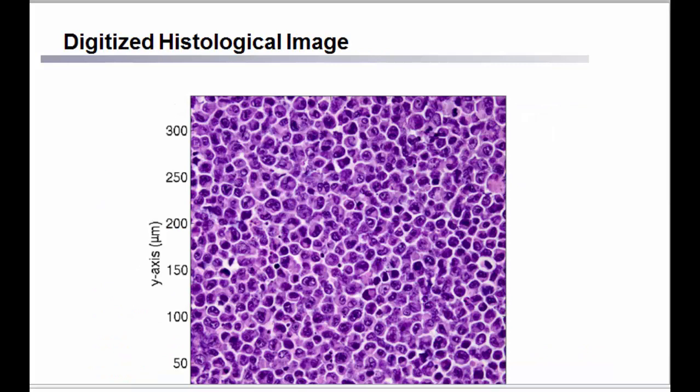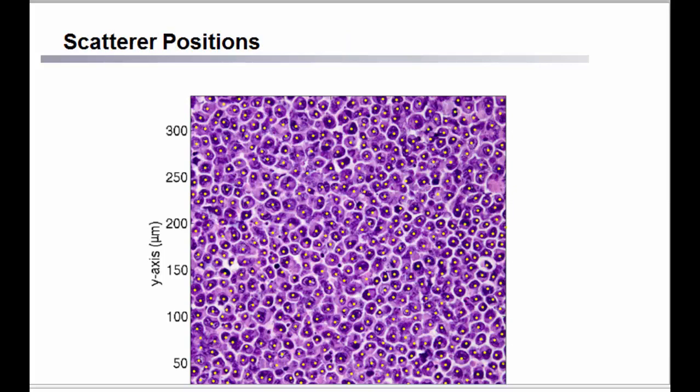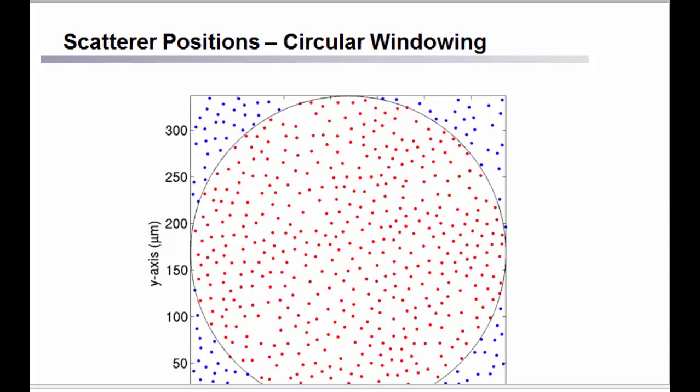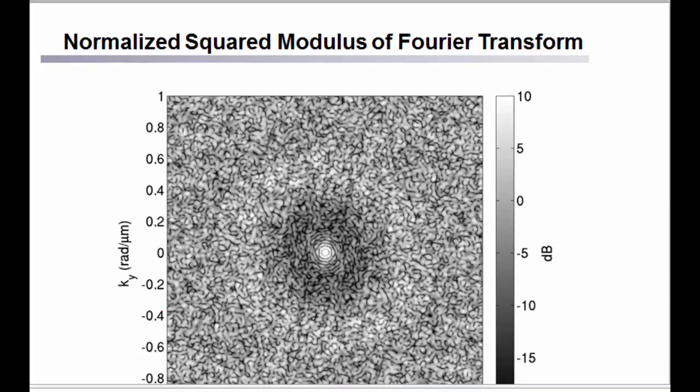This is a digitized H&E image, the cells and the nucleus. Magnification is 40x, resolution is about 6 pixels per micron. We determine the positions in the yellow dots. Then here's the plot of the positions. And we do a circular windowing and then calculate the normalized squared modulus of Fourier transform.